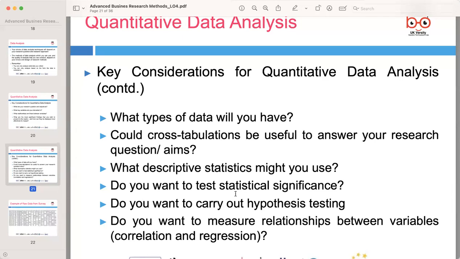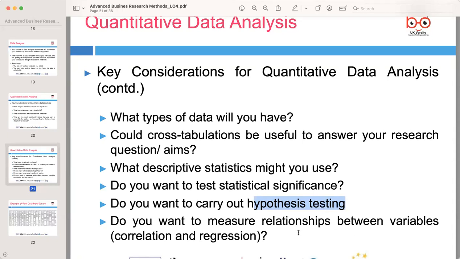Hypothesis testing is an essential aspect of quantitative data analysis. It involves formulating research hypotheses and using statistical tests to examine the evidence against these hypotheses.